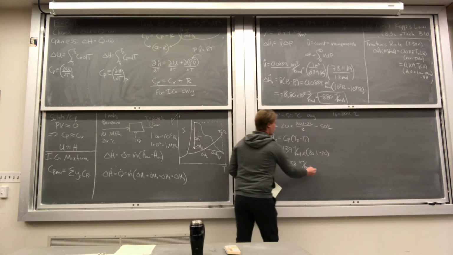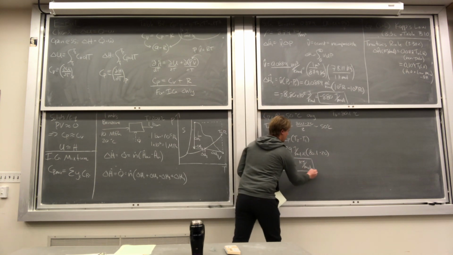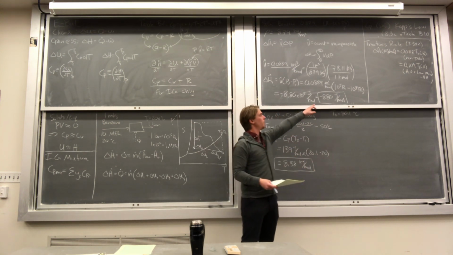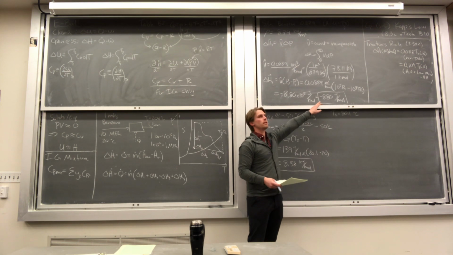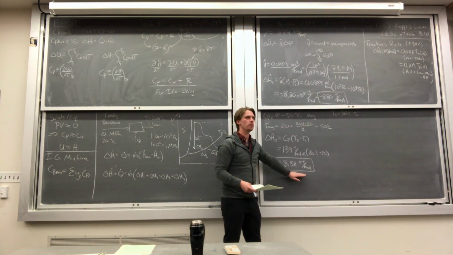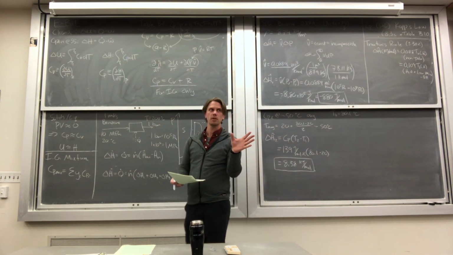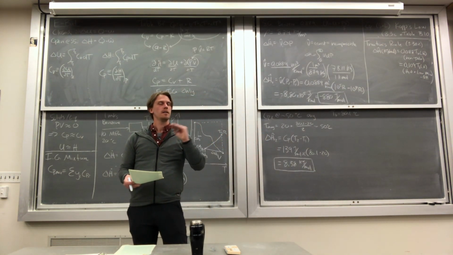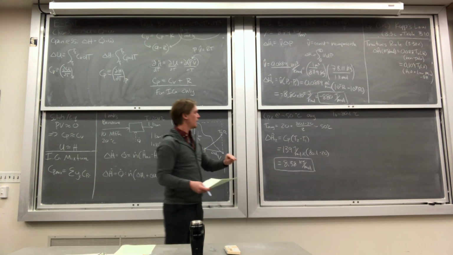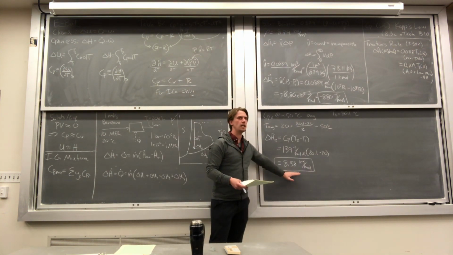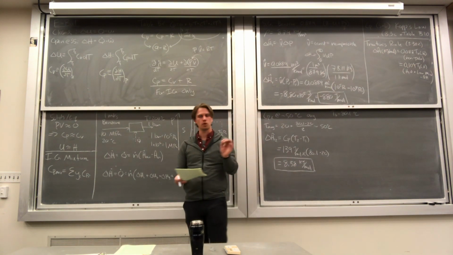And to reinforce why we oftentimes neglect the PV contribution, this is less than 1 kilojoule per mole. This is almost 10 kilojoules per mole. Right? So going from 100 atmospheres to atmospheric pressure, it is less than it takes to heat it up 60 degrees. So much, much smaller contribution.